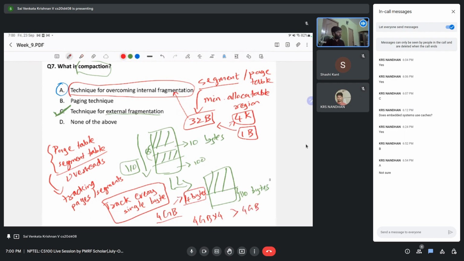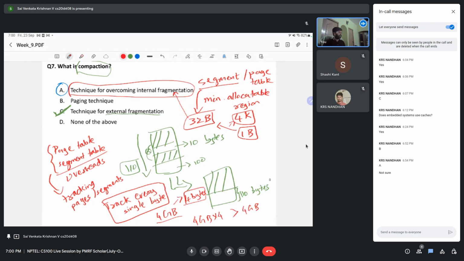So to avoid these overheads, designers try to have a set segment size or a page size or some minimum allocatable region, have a limit, so that the overhead used for storing the segment table and the logic for tracking the segments is a trade-off.